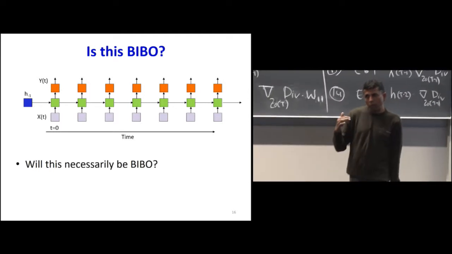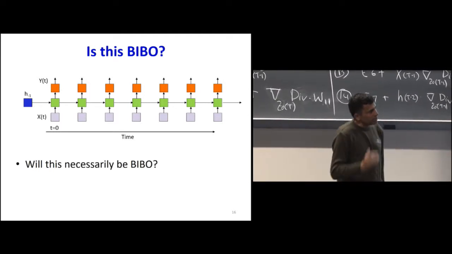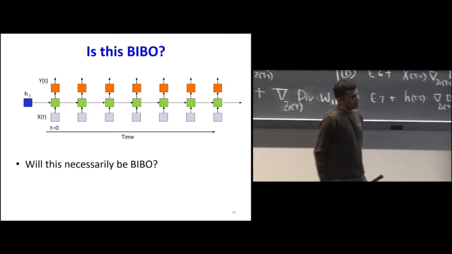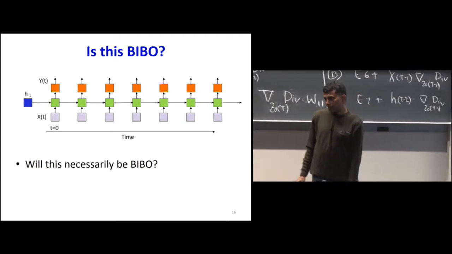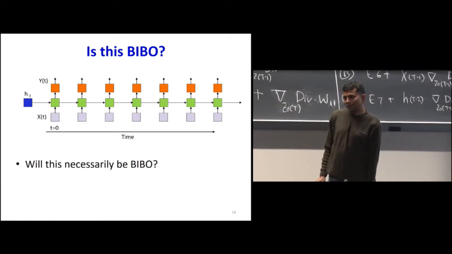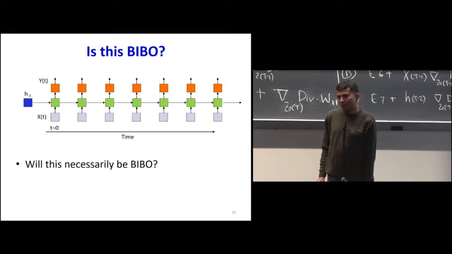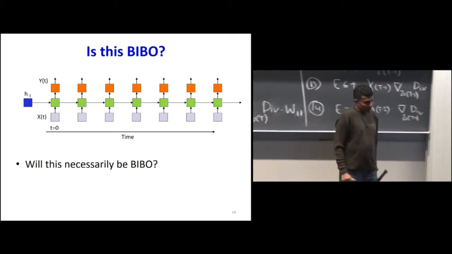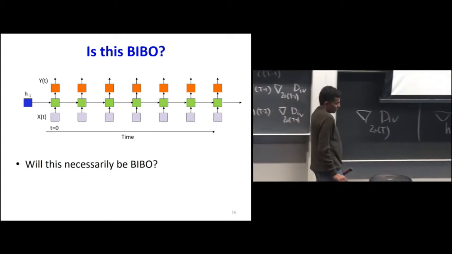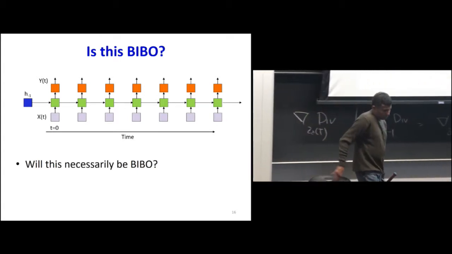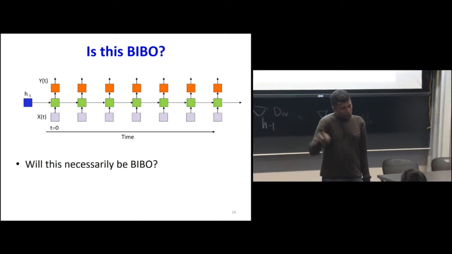Does this have the same property that if the input is always bounded, the output is always going to be bounded? Who said no? Why not? Because your H factor could explode. It could grow across layers, and it's basically like making an output that's aggregating over time, and that way it could actually explode.